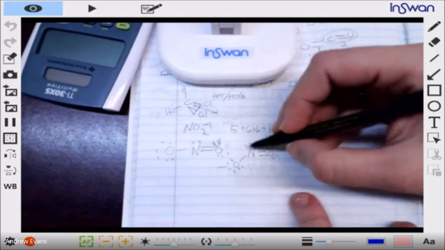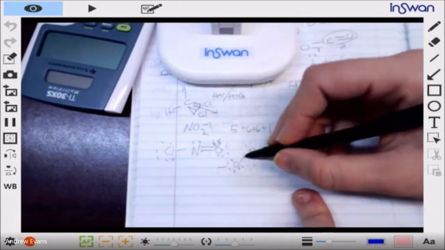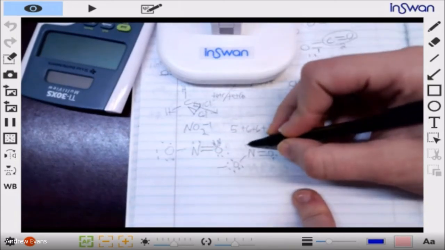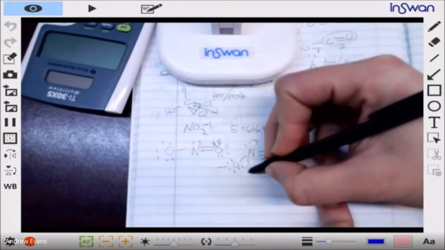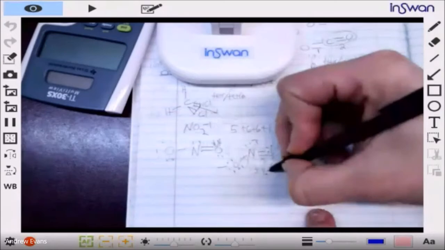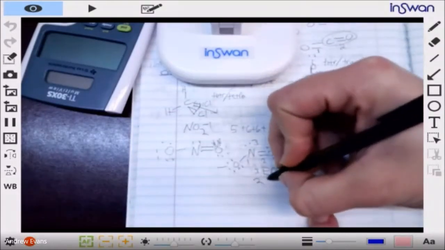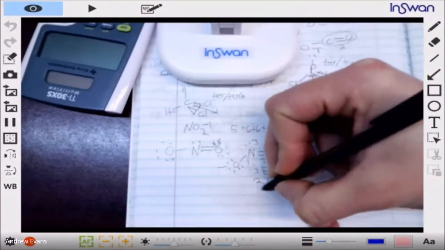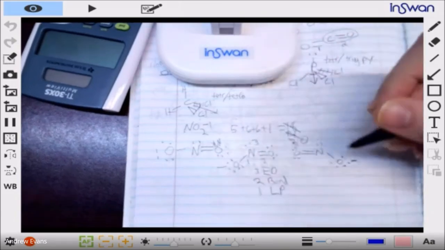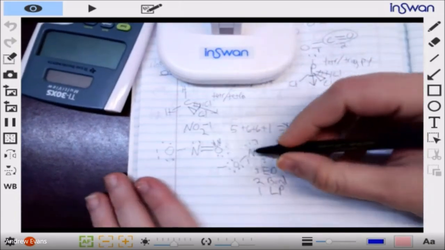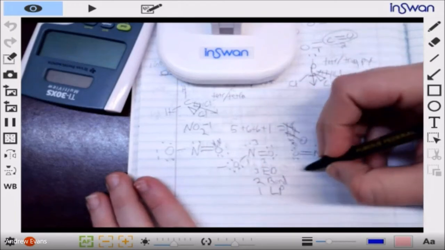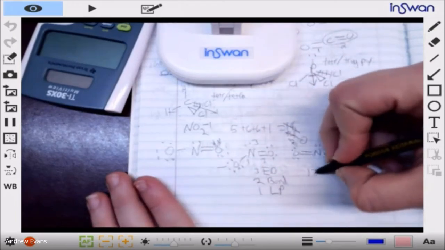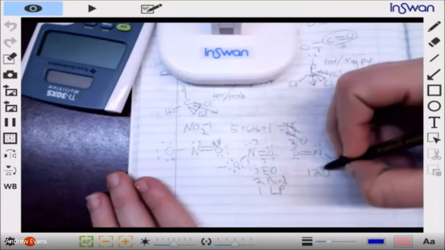How many electron domains? 1, 2, 3. So 3 electron domains: 2 bonds, 1 lone pair. Ideal bond angle: 1, 2, 3, so this is going to be trigonal planar.